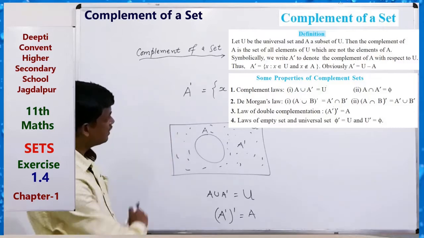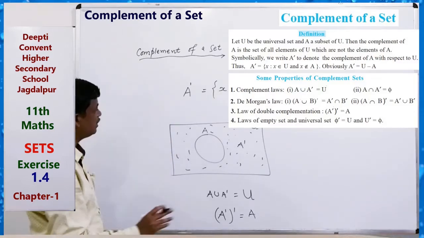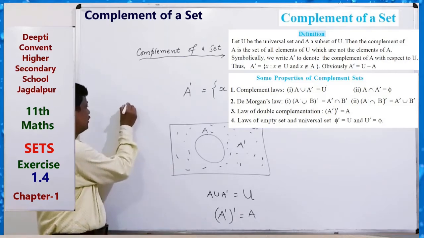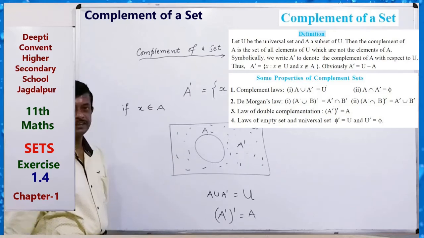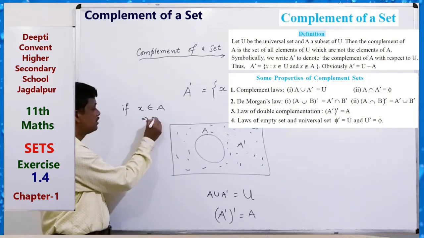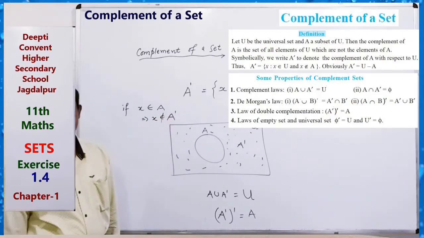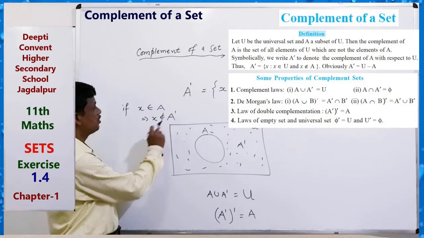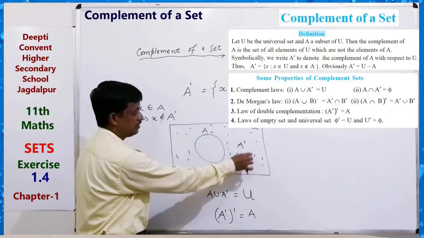So here it is clear that if X belongs to A, it does not belong to A dash. If X is here, then X cannot be here.